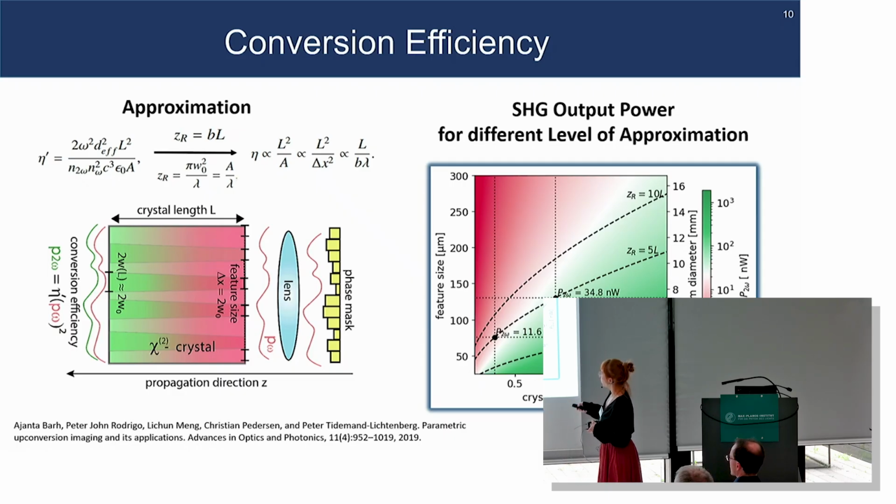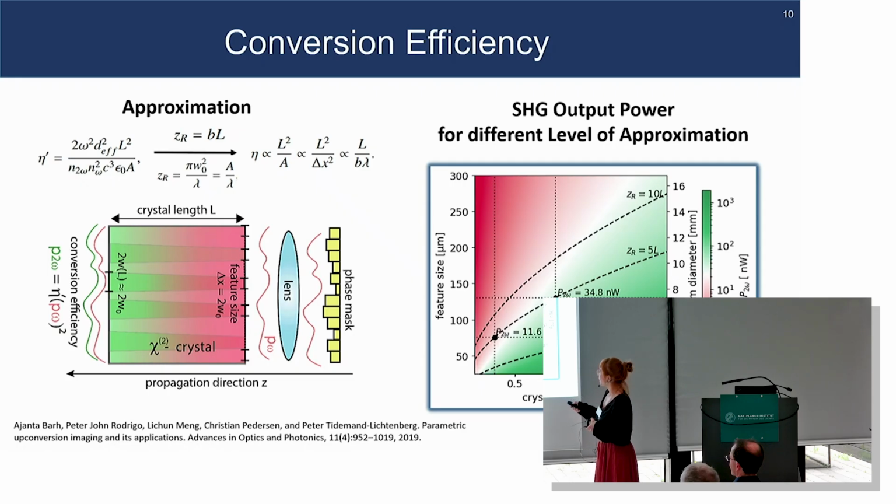So here we see the output power of the second harmonic given an input power of 1 watt over the crystal length and feature size. And here I picked just one line with a factor of 5 for the approximation quality, which is okay if we test it with rigorous simulations.